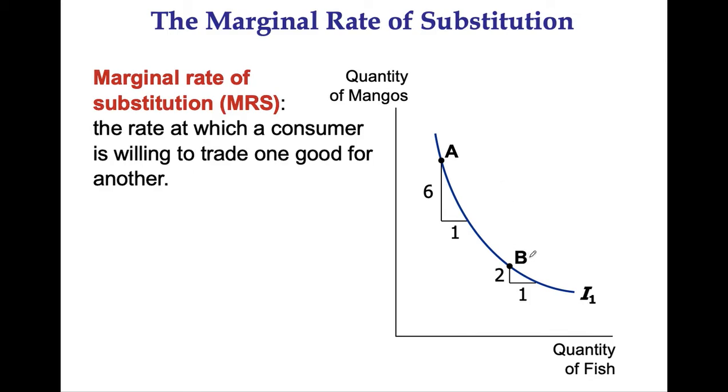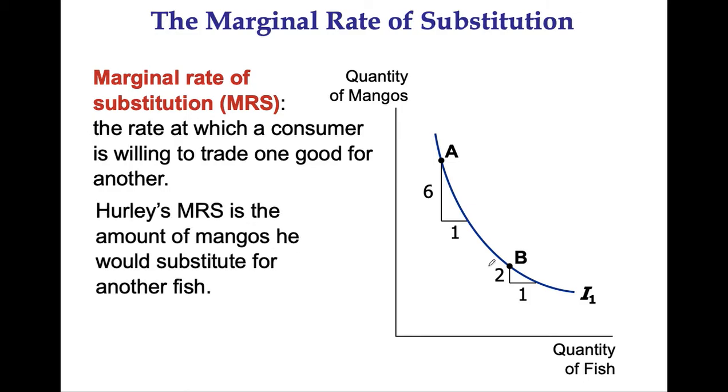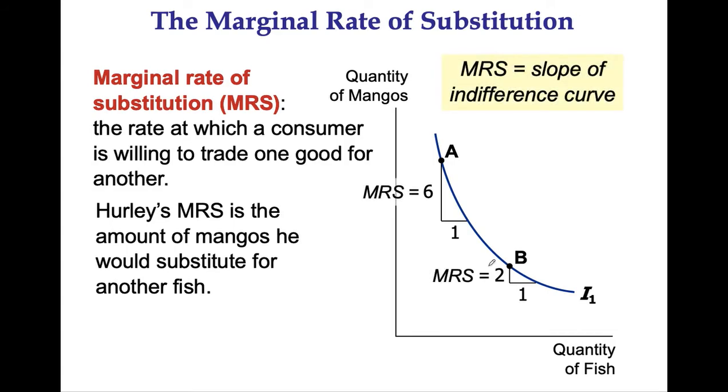However, if he is in B, he is willing to give up 2 mangoes to get 1 more fish. So Harley's MRS is the amount of mangoes he would substitute for another fish. The MRS is, of course, the slope of the indifference curve.